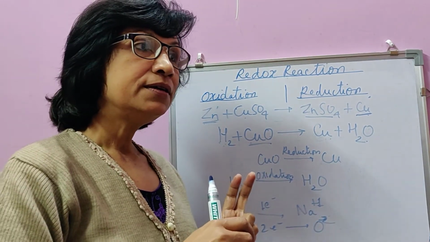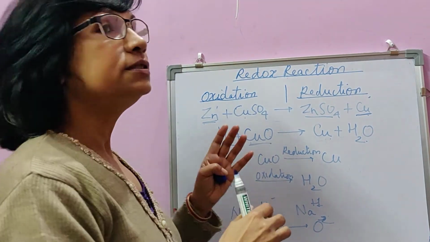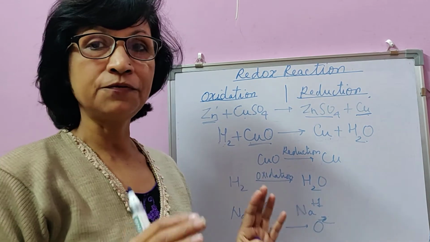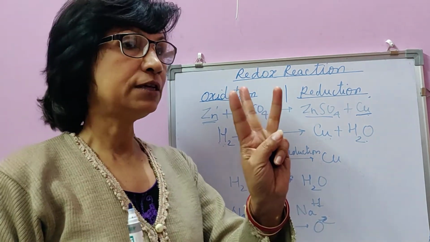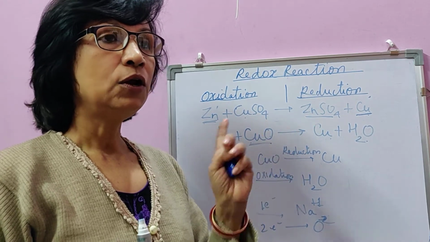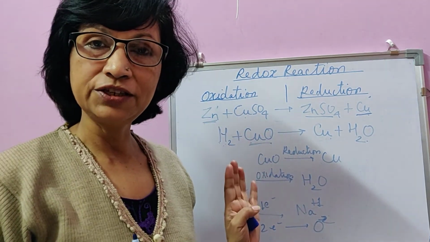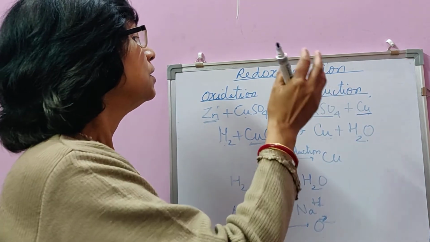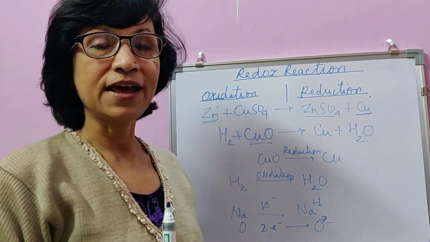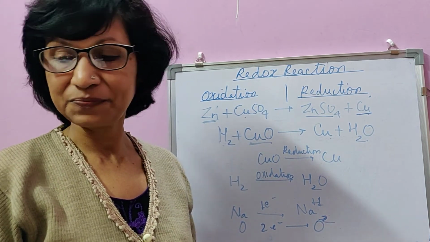If you find this oxygen or electronegative element, hydrogen or electropositive element a bit confusing, then keep it to three things only. Gain of oxygen, loss of hydrogen, loss of electron is oxidation, and the opposite, loss of oxygen, gain of hydrogen and gain of electron, is reduction.